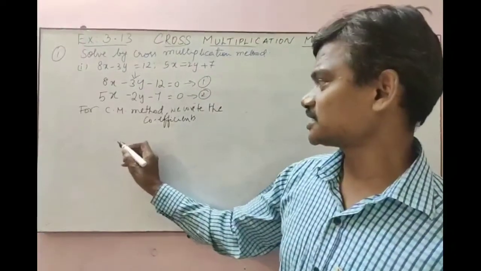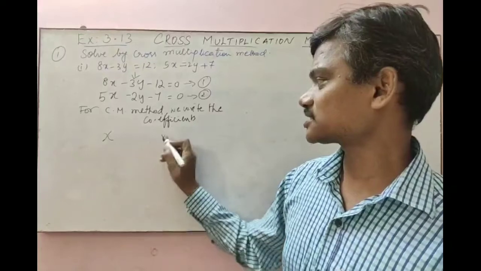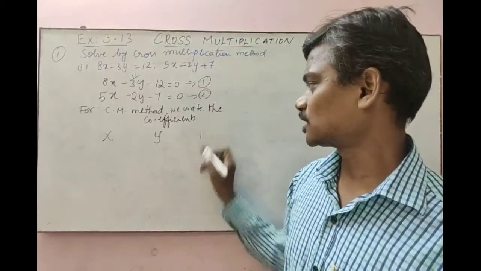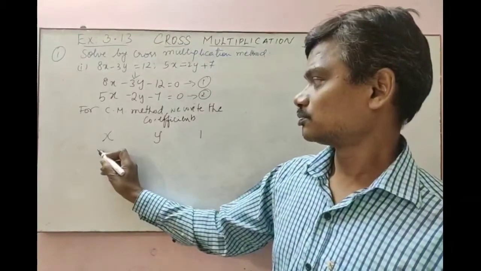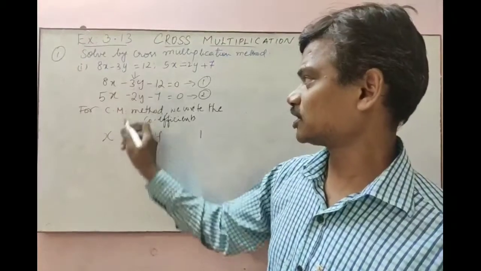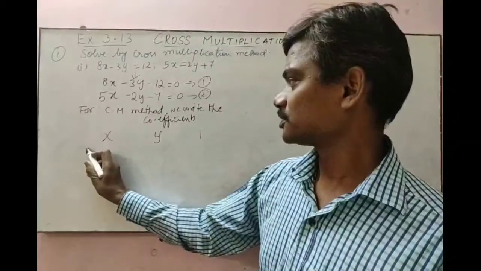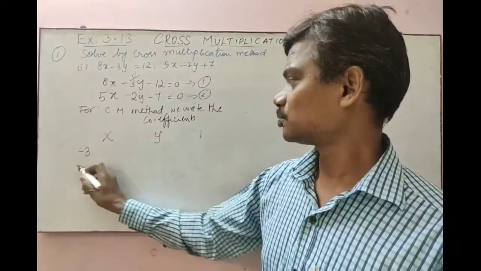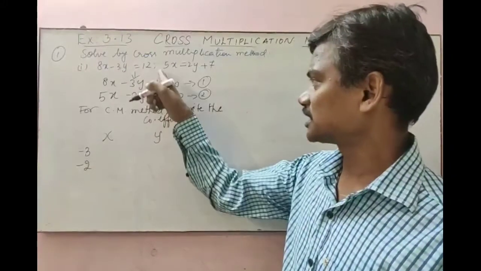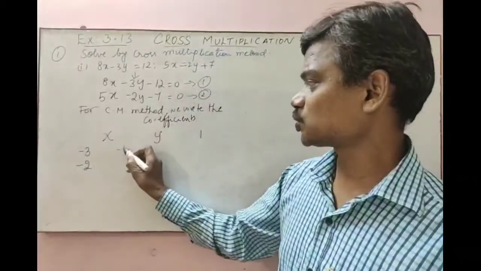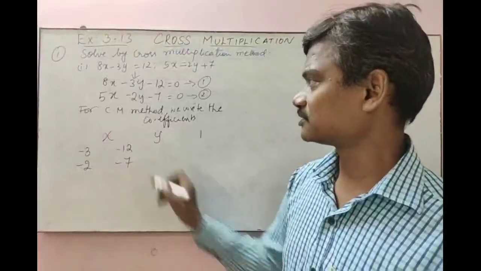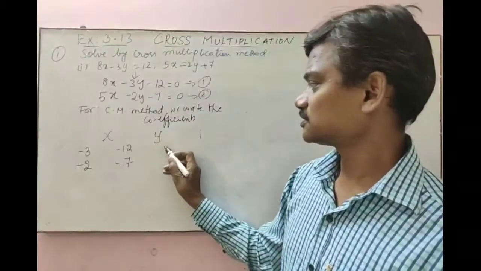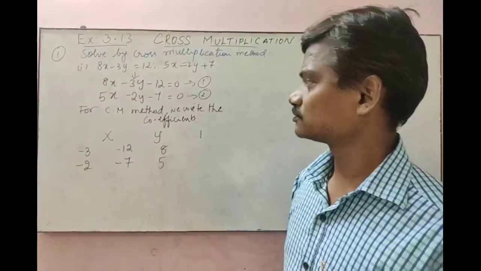So I am going to arrange this. First you have to write the x, y and 1. Below this I am going to write the coefficients in this gap. Minus 3, minus 2. Then the next term, minus 12, minus 7. Then 8, 5.